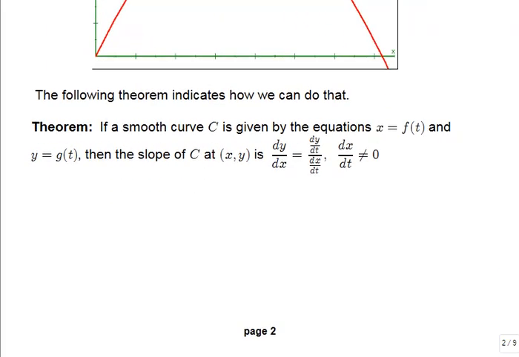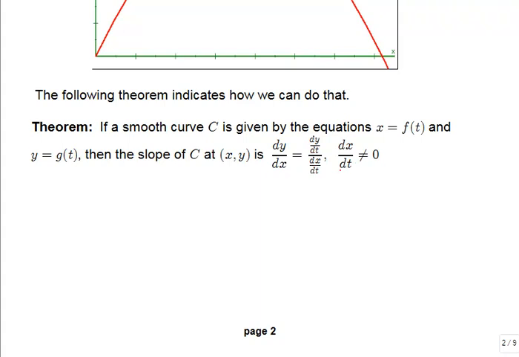It's the theorem that helps us determine the derivative, which is going to be the slope of those tangent lines, which also corresponds to that angle of inclination or angle of depression going down. So here's what the theorem says. If you have a smooth curve C given by the equations x equals f of t and y equals g of t, then the slope of the curve at a point x comma y is given by dy dx, and we can calculate that derivative through the parametric equations by taking dy dt over dx dt.